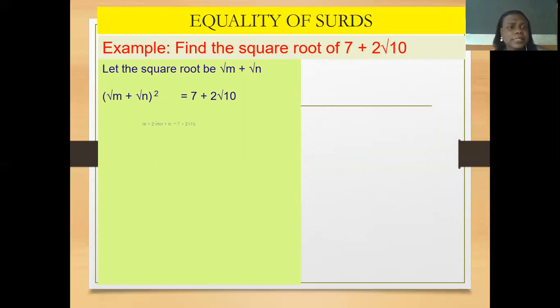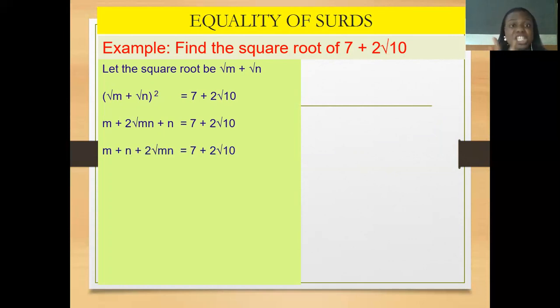Now, if we expand the left-hand side, it means we're saying root m plus root n times root m plus root n. When we do that multiplication and expand, we're going to have m plus 2 root mn plus n. Now we will do a sort of rearrangement, put the two rational numbers, m and n, together, and then plus 2 root mn equals 7 plus 2 root 10.